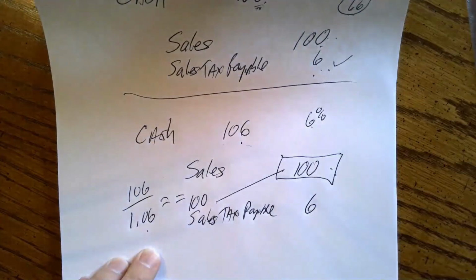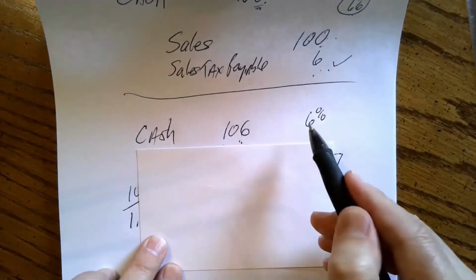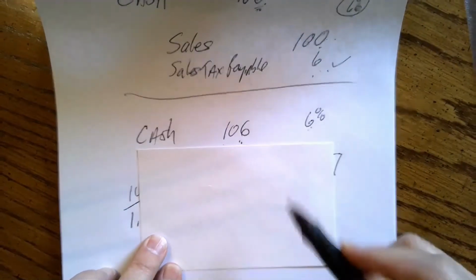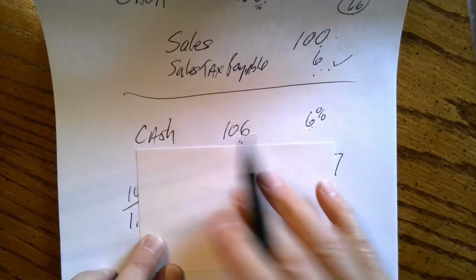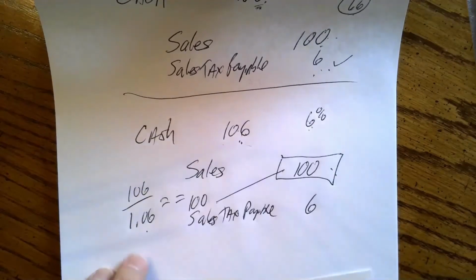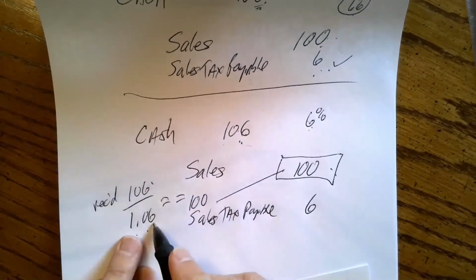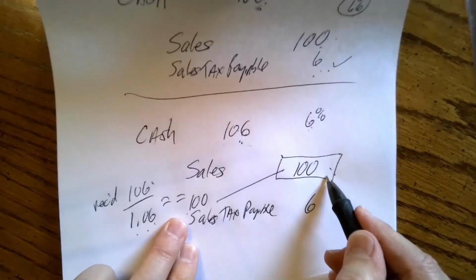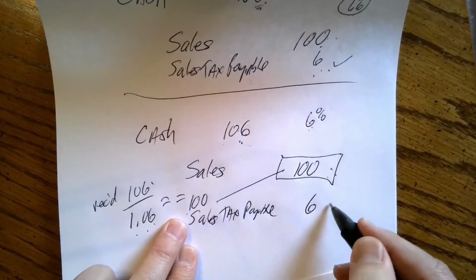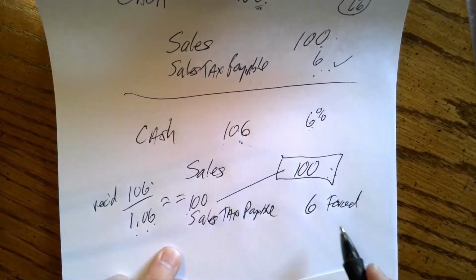So again, a problem might simply give you the total amount of cash collected and the applicable sales tax, and you determine the rest of the entry. Do not multiply this times this. Take total cash received divided by 1 plus the tax rate to force out the sales only belonging to the company, and then the difference is the amount owed to the state agency.